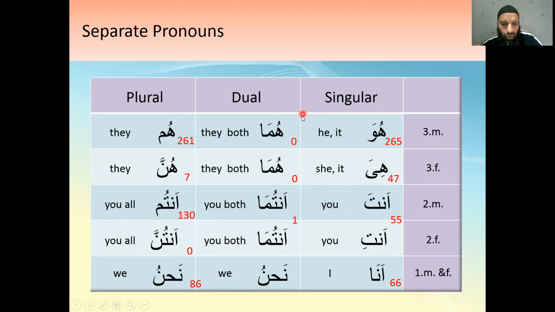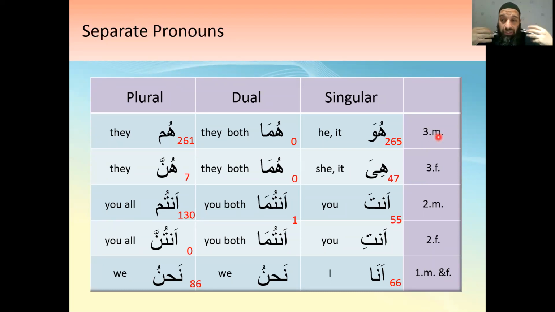Dual, look at the dual. Not that common. But when it comes to the masculine plural, look how many times. The masculine second person. So we're going to go over this table. I'm going to explain this table, inshallah. So the masculine plural is used for everybody, males only, or males and females, everybody.